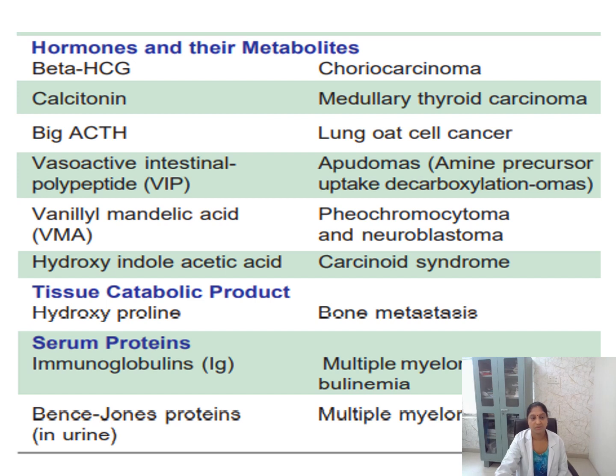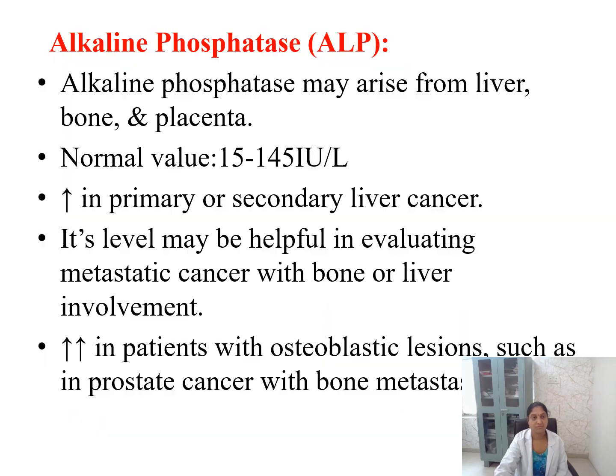Vasoactive intestinal polypeptide is seen in APUDomas, amine precursor uptake decarboxylation tumors. Vanillylmandelic acid is seen in pheochromocytoma and neuroblastoma, and hydroxyindoleacetic acid is seen in carcinoid syndrome. Tissue catabolic products like hydroxyproline are seen in bone metastasis. Serum proteins like immunoglobulins are seen in multiple myeloma. Bence Jones protein is also seen in multiple myeloma.